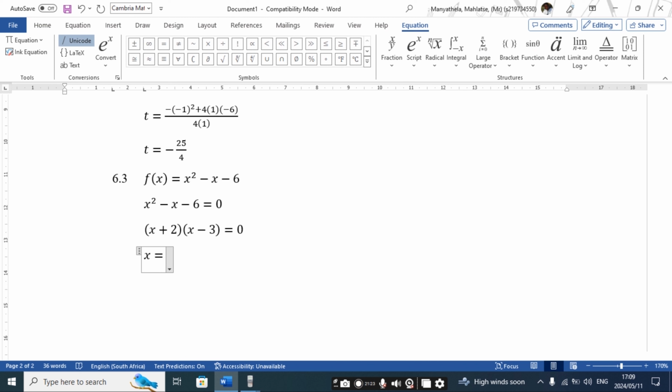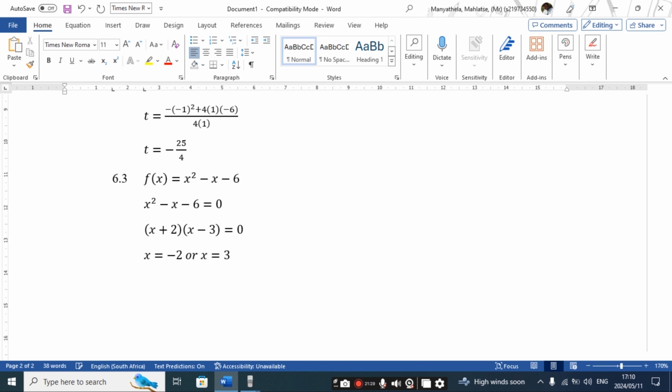X equal to negative 2, or x is equal to positive 3.